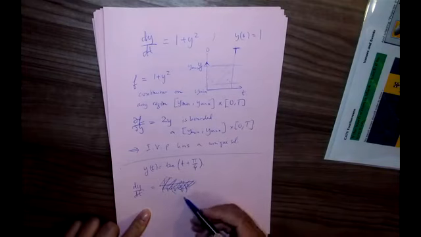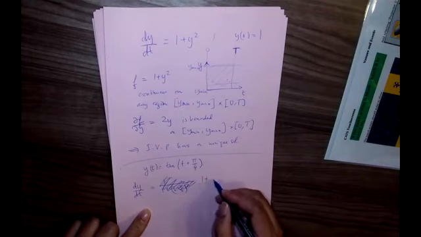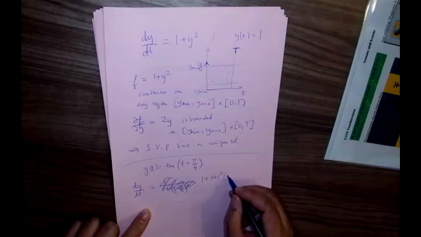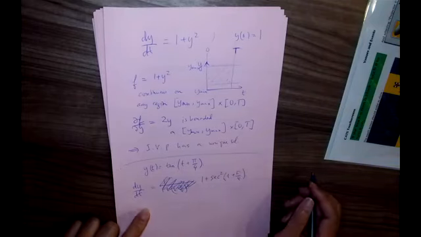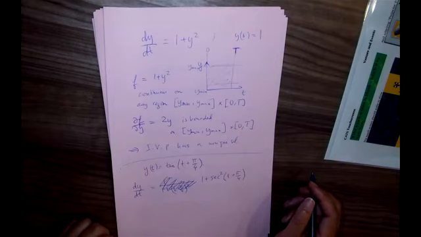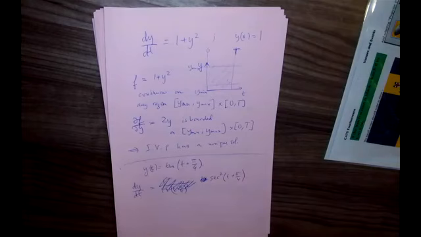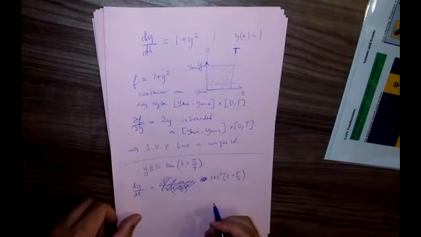That one is tan inverse. It should be 1 plus secant square, right? No, only secant square, sorry. Only secant square, right? The derivative of tan is just secant square. Yeah? And what is secant square?